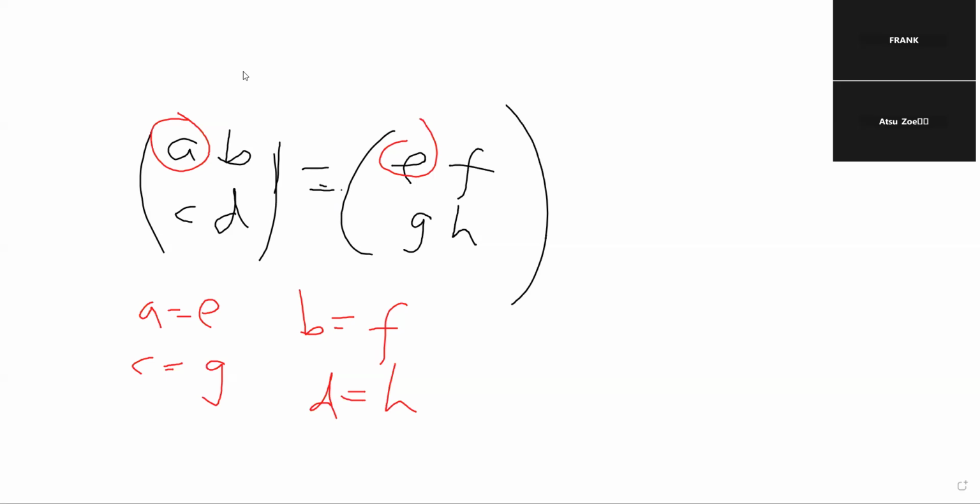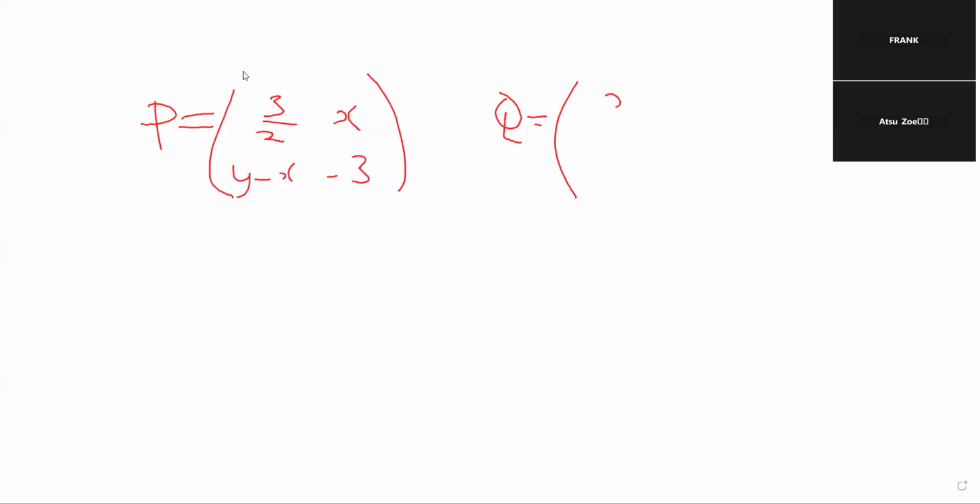Let's take an example of how to work around that. We have matrix P equal to 3 over 2, x, y minus x, and then negative 3. That's our matrix P. And our matrix Q is equal to x, 1.5, 3.5, negative 3. These are two equal matrices.